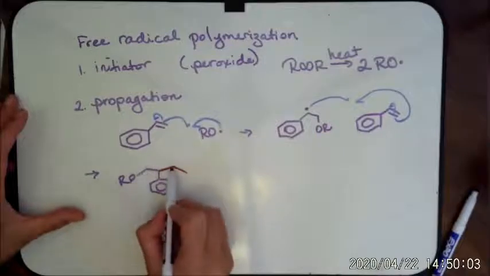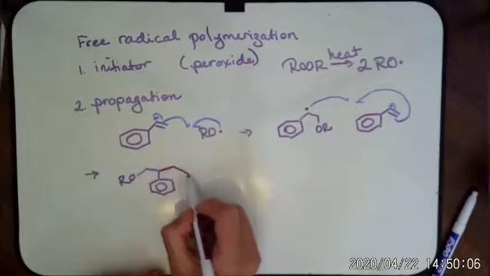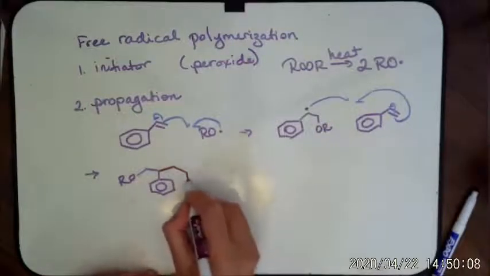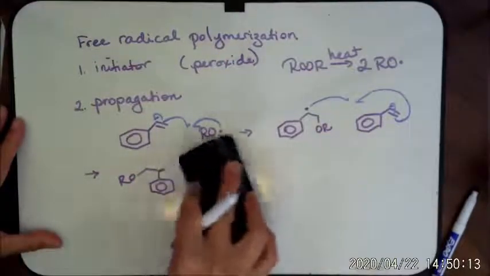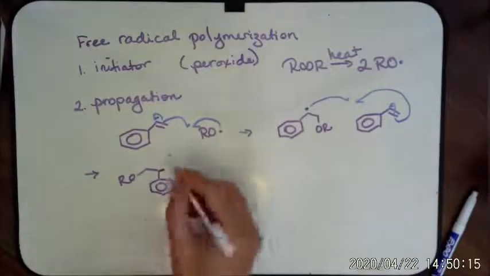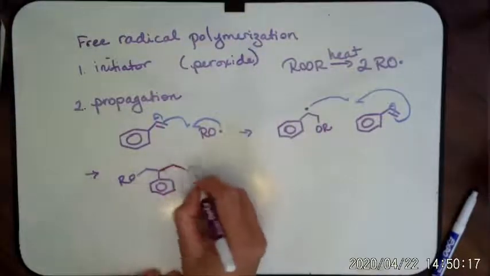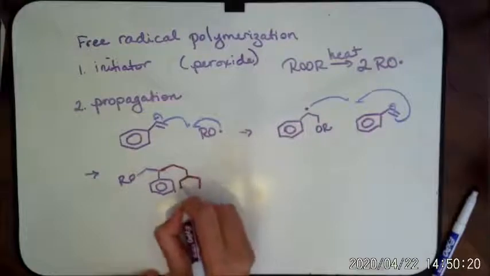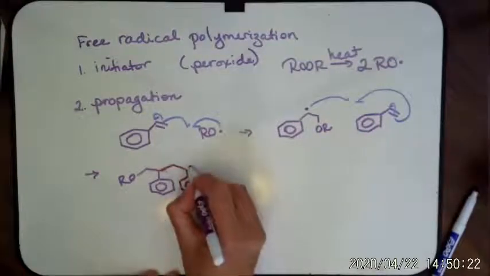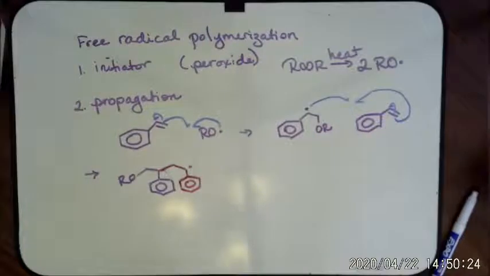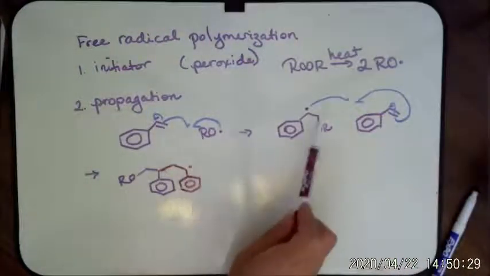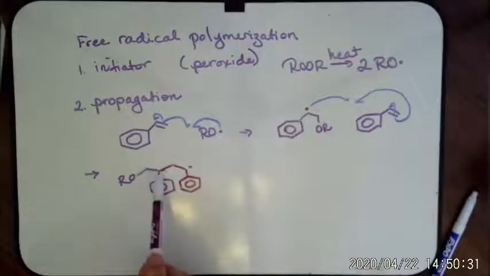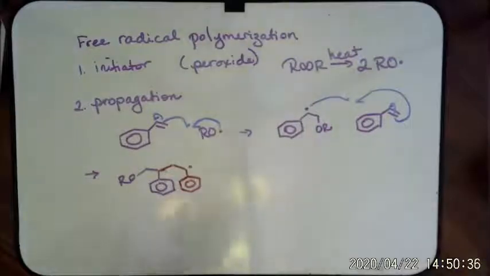So this one to this carbon, this one is that carbon, and you just draw it out, make it a little prettier. Stage 2, radical, right there. 1,2-phenyl. Okay, and you can see that it can continue.